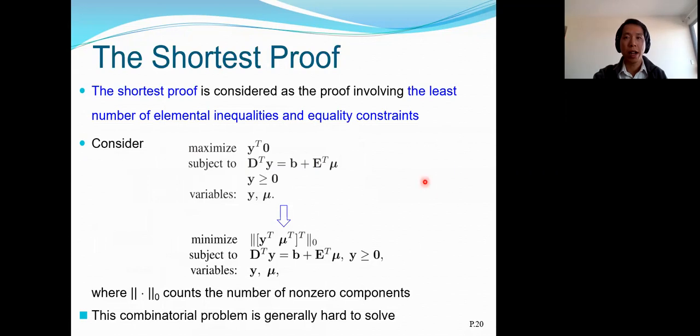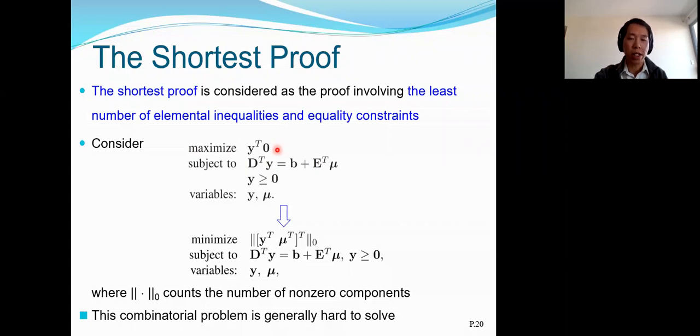This motivates us to consider a problem we call the shortest proof. That is a proof which involves the least number of elemental inequalities and equality constraints. Now, let's look at the linear program we used before. As we have discussed, the objective function here is basically useless.